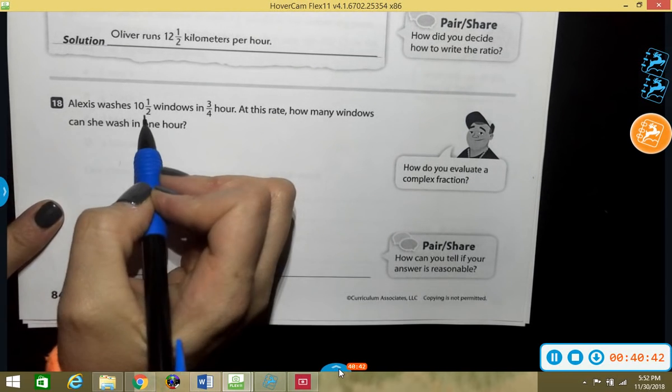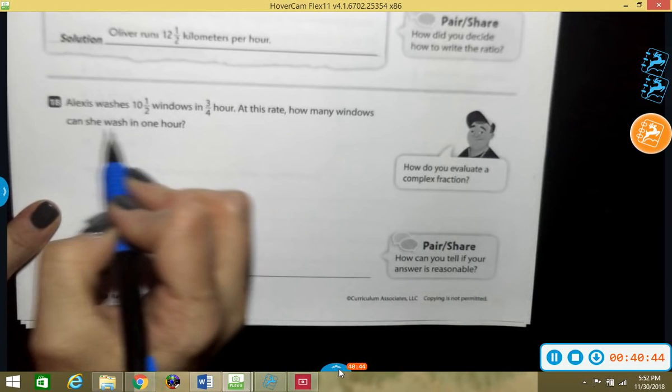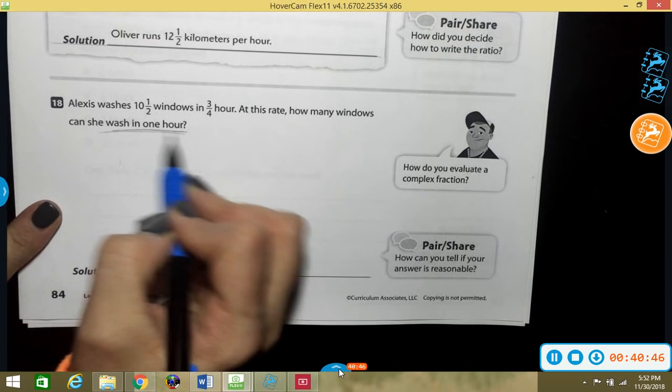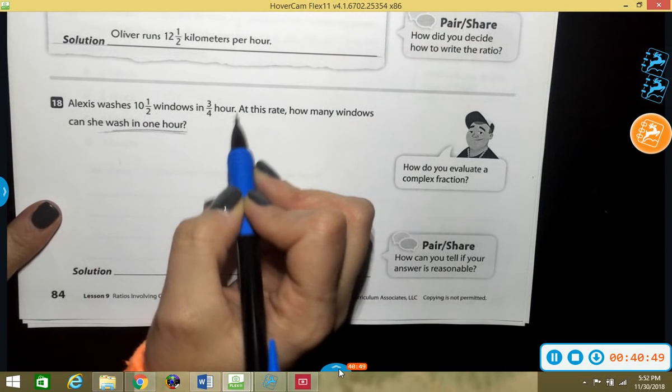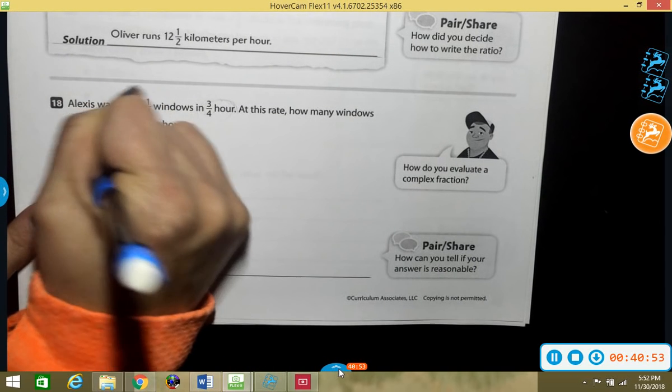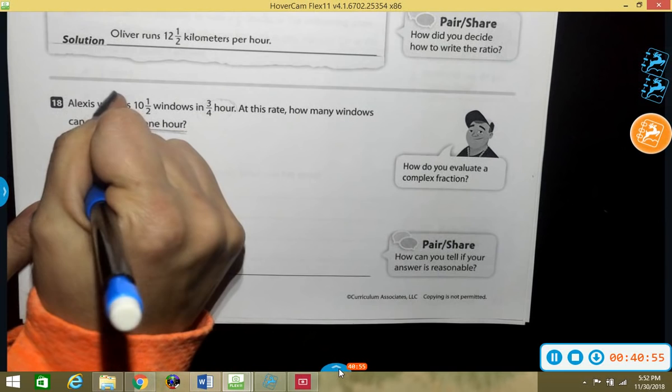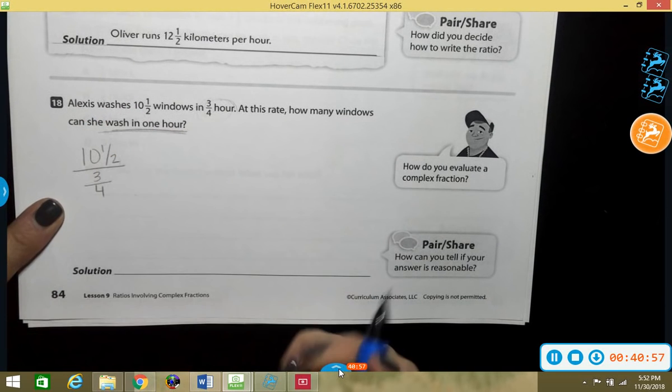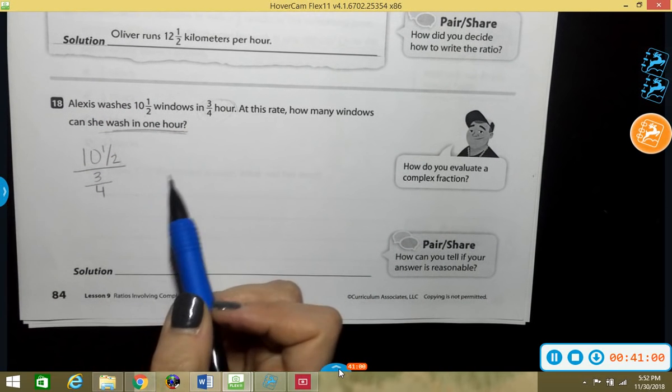So the time is going to be the unit rate, so we need to make sure that the 3/4 hour is in the denominator. So we have 10.5 divided by 3/4 of an hour. A complex fraction. We have to simplify it.